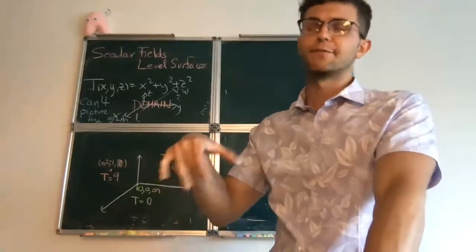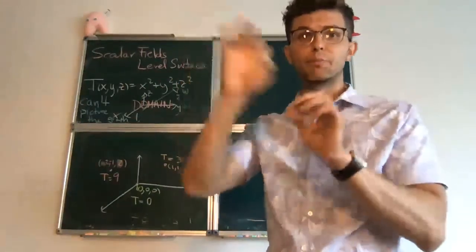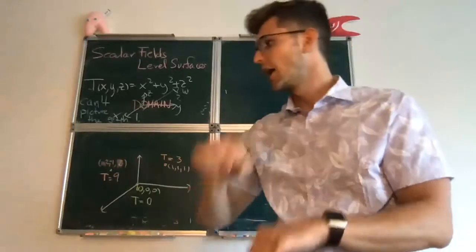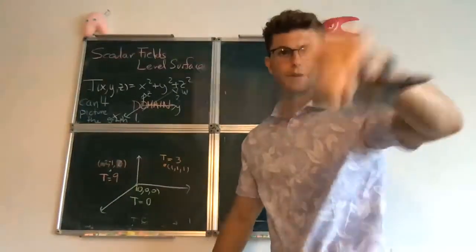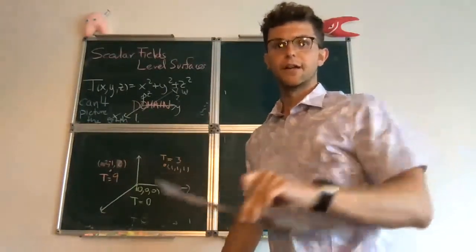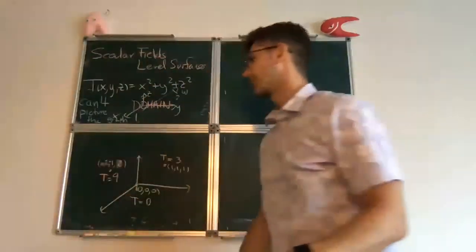There's a notion of a vector field, which is one where the same happens, but now you put an arrow in space at each point. So an arrow here, an arrow here, an arrow here. And that is something that we will exploit more towards the end of the course.